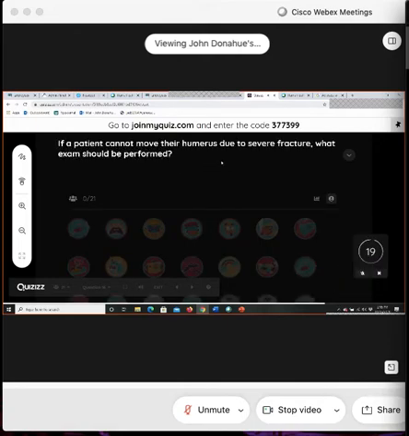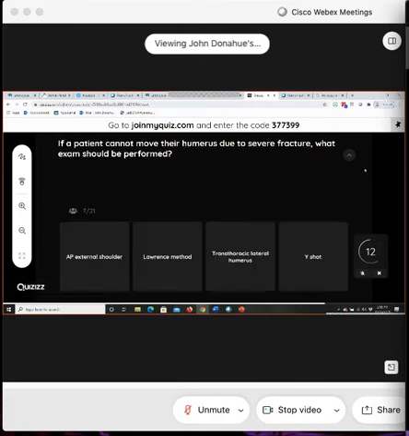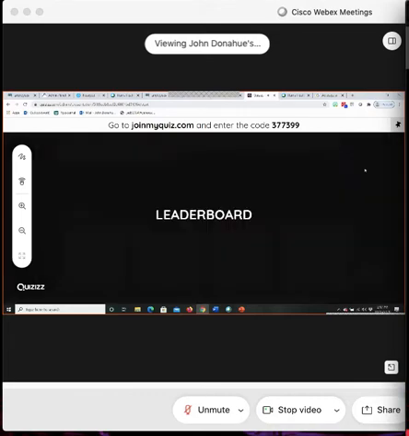If a patient cannot move their humerus due to severe fracture, what exam should be performed? That is going to be the transthoracic lateral humerus, which we shoot through the torso because the patient cannot move the arm.